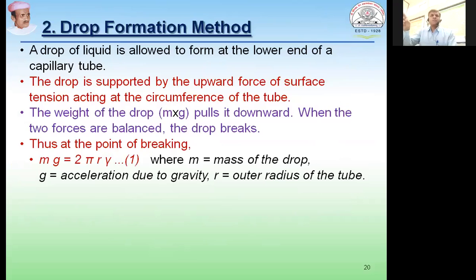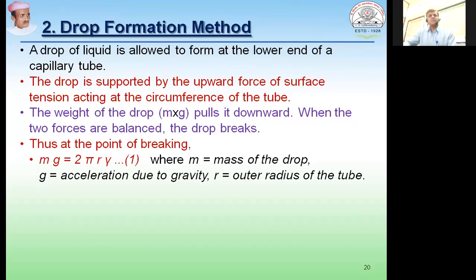Upward force is 2 pi r times the surface tension and downward force is the weight of the drop. So we get mg is equal to 2 pi r gamma. m is the mass of the drop, and g is acceleration due to gravity.